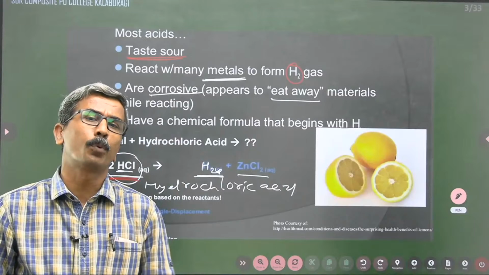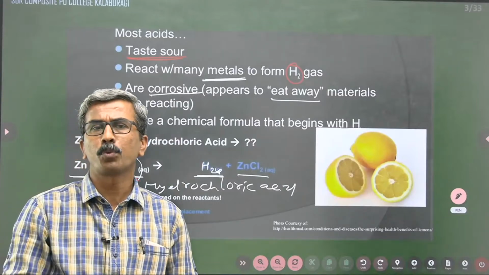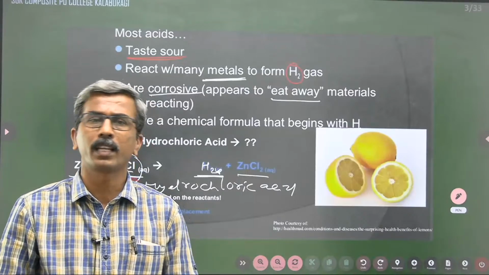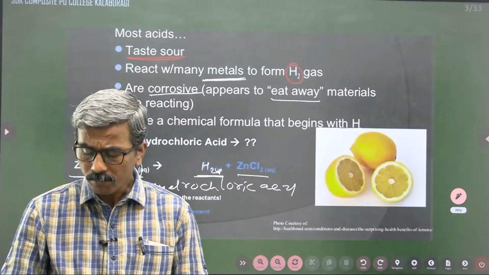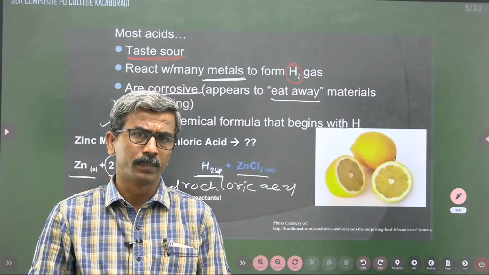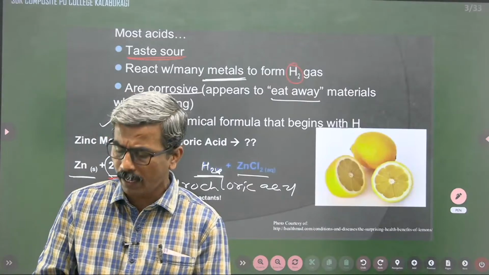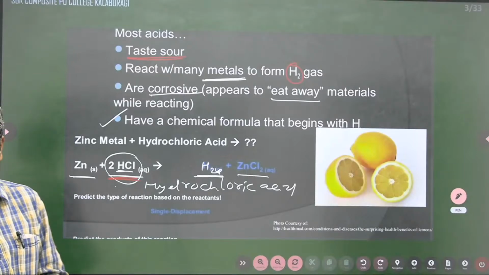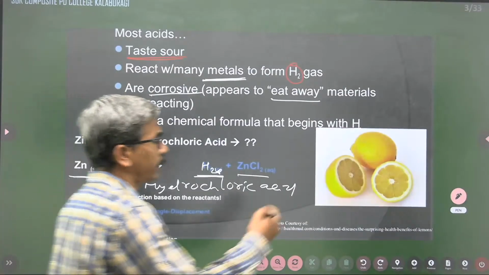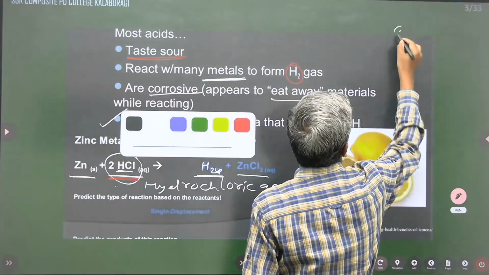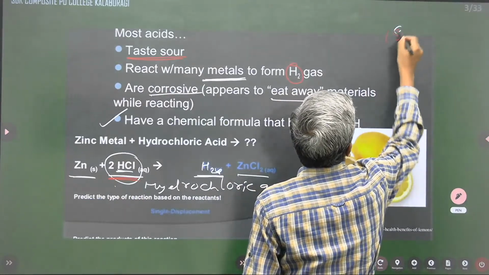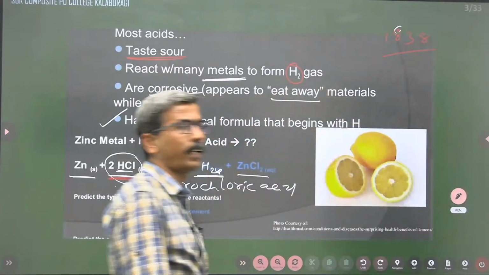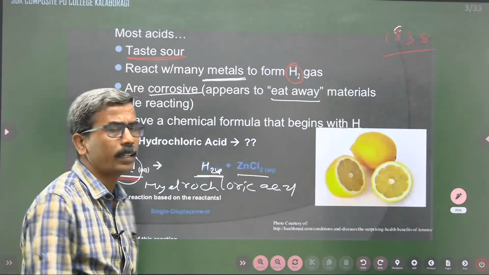Different scientists have proposed different ways of defining acids. The first time, one of the scientists, by name Liebig, in the year 1838, gave a definition of what acids are.